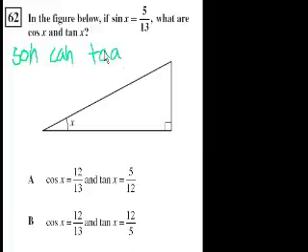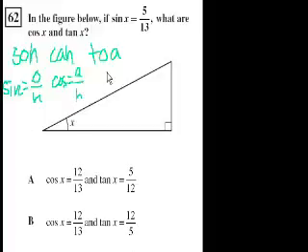SOH means sine is equal to opposite over hypotenuse. Cosine is equal to adjacent over hypotenuse, and I'll tell you what these mean in a second. And tangent, you might have guessed, is equal to opposite over adjacent.